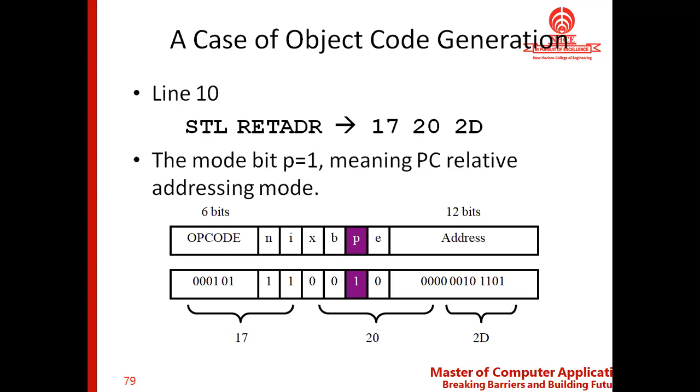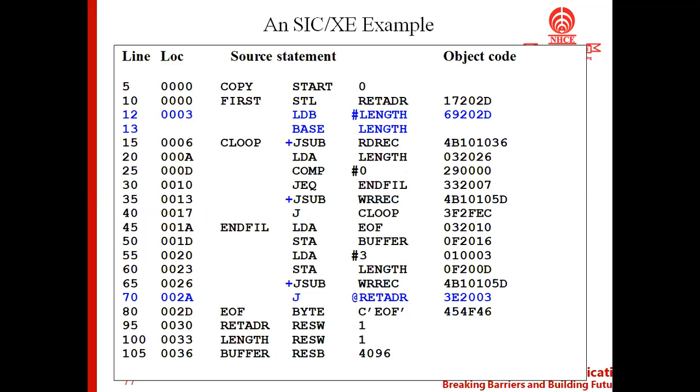So RET-ADR is stored in the location 0030, which I have already told you. If you look at the program example, in line number 95, RET-ADR is defined. So the TA is nothing but 0030, the address for the symbol RET-ADR.